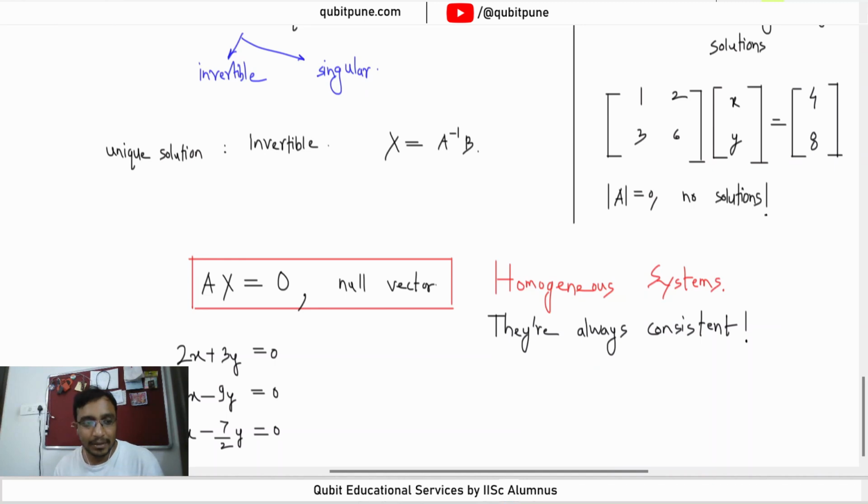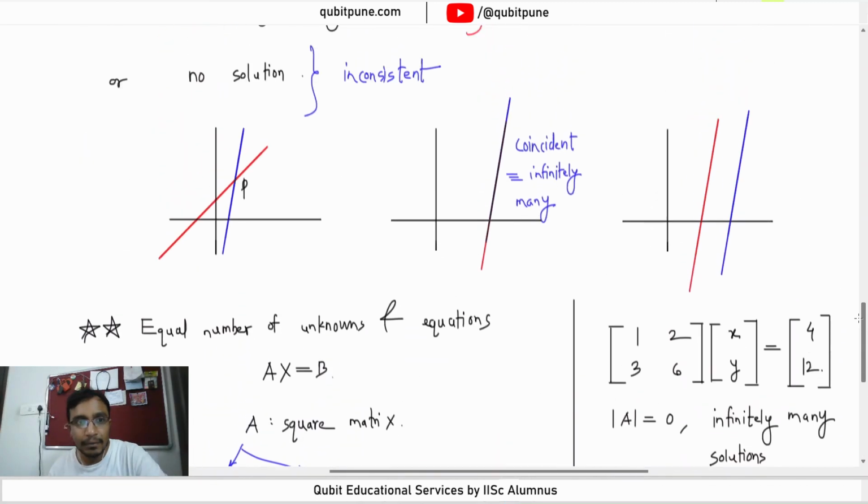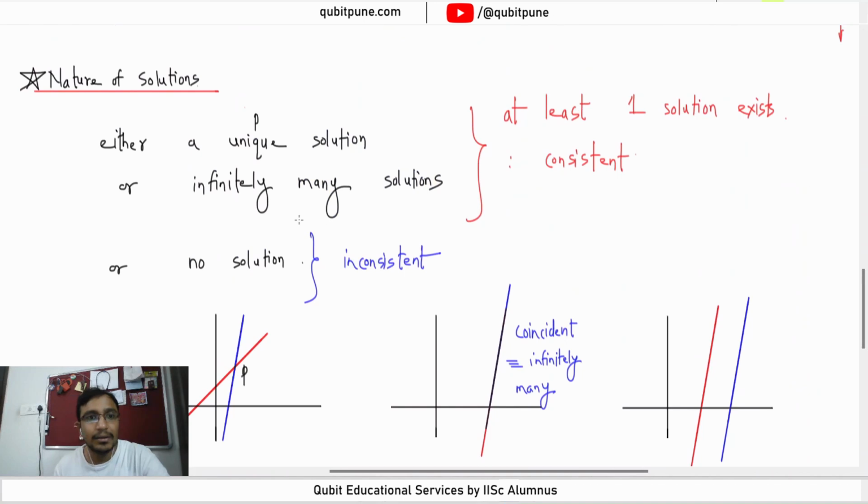Look, from matrix multiplication we know that if I multiply a null matrix or a null vector by any matrix, I am bound to get a null matrix. Do you agree to this? Yes, so they're always consistent. Homogeneous systems are always consistent, which means the category of inconsistent systems does not incorporate homogeneous systems.